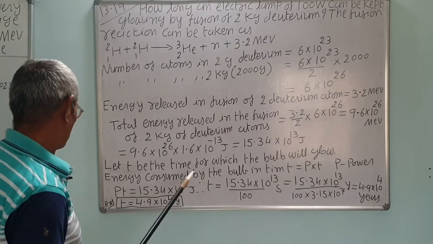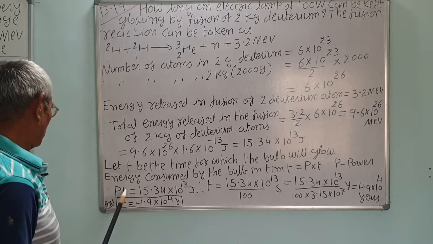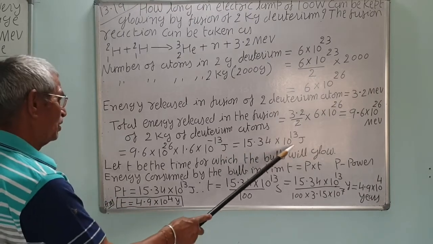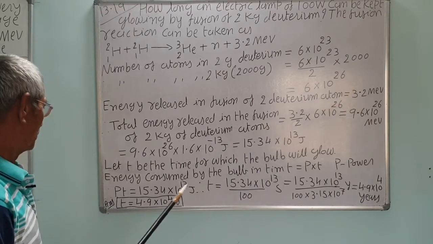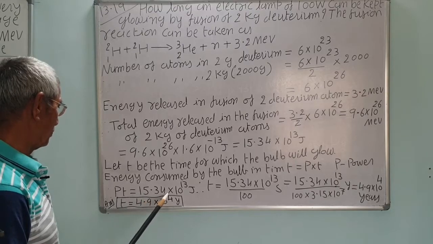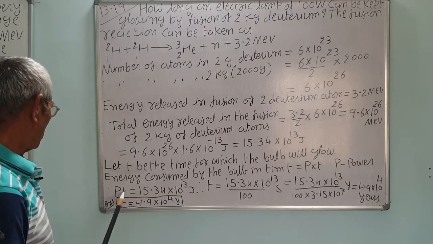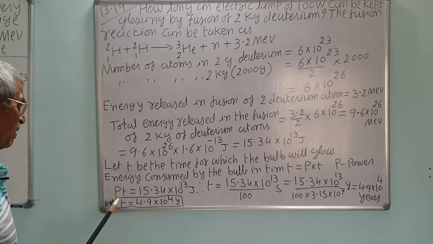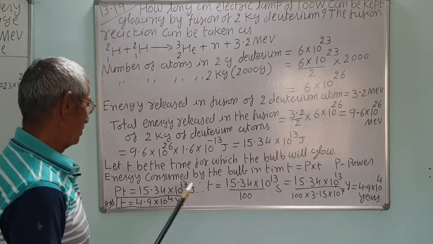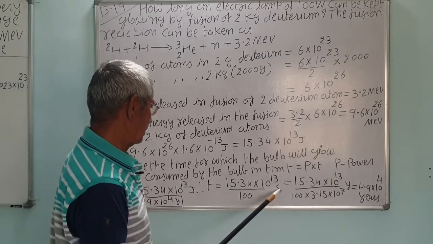So PT is equal to the total energy, which is 15.34 into 10 raised to 13 joules. So time T is equal to total energy divided by power. Power is given as 100 watt. That will be in seconds.